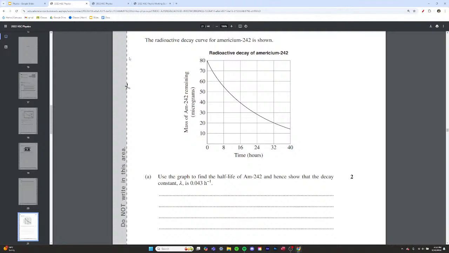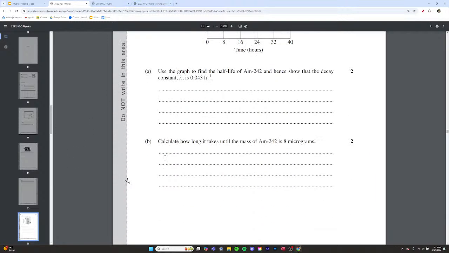Oh my gosh, it's literally, you divide by 16, ln2 over 16 equals 0.043 hours to the minus 1. That H just stands for hours.